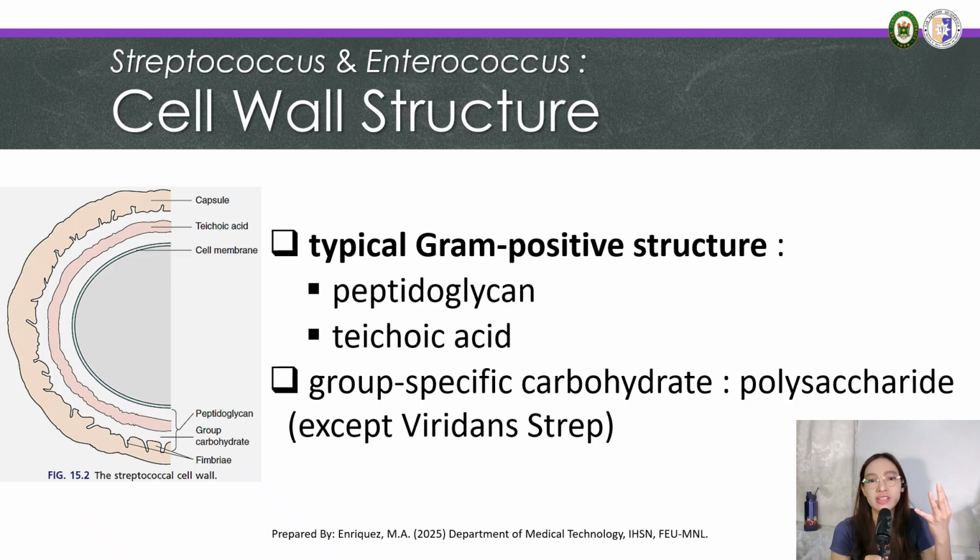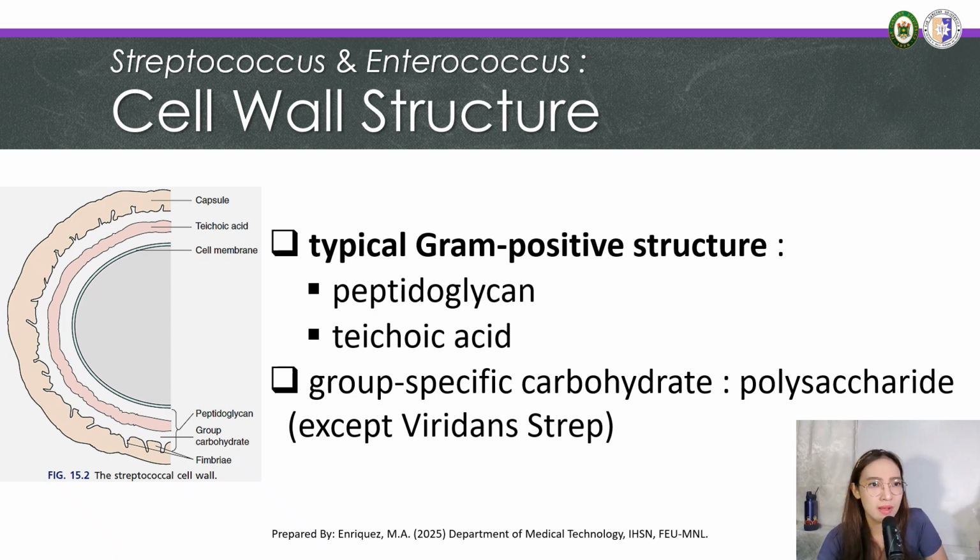They have these additional structures referred to as polysaccharides, except for the viridans strep. So mamaya po, when we talk about the viridans streptococci, just know that although ang viridans strep is meron silang typical na gram-positive structure, they don't have the polysaccharides that we're talking about in this slide.